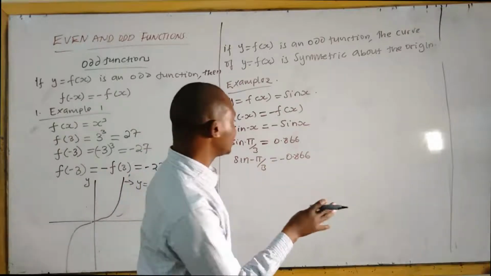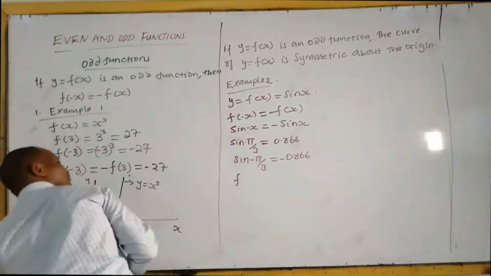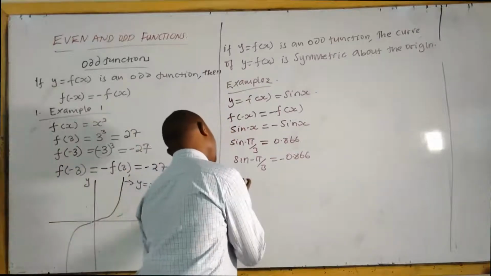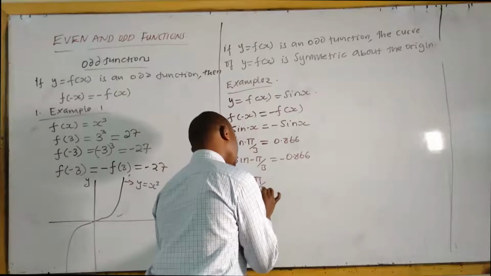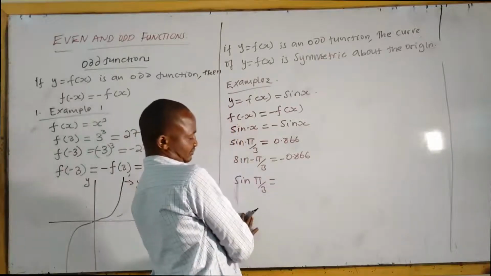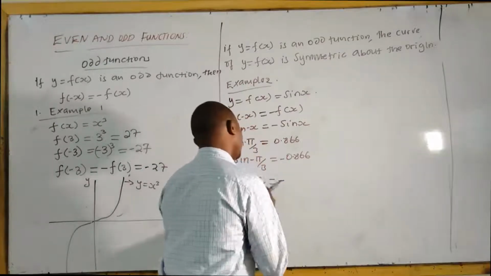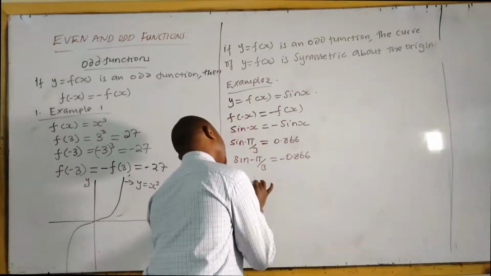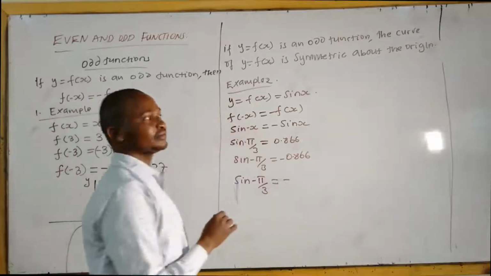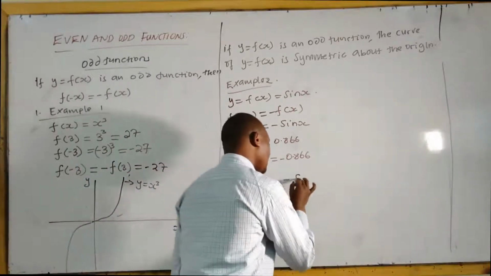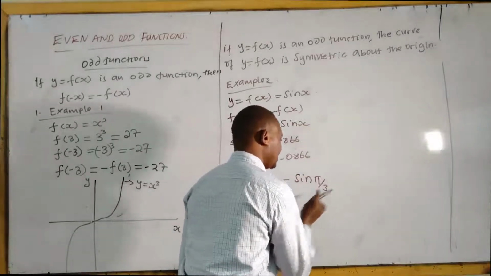Now we can see sine of pi over 3 is equal to... sine of negative pi over 3 is equal to negative sine pi over 3.